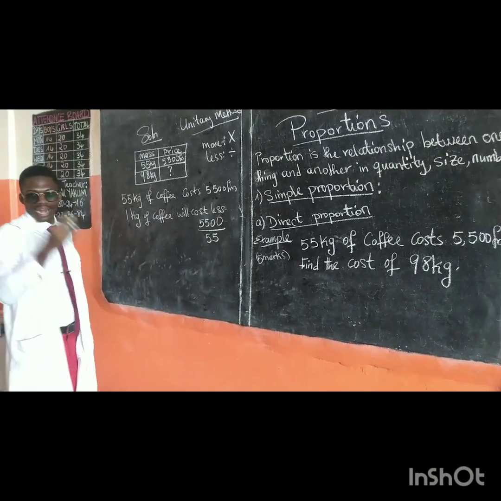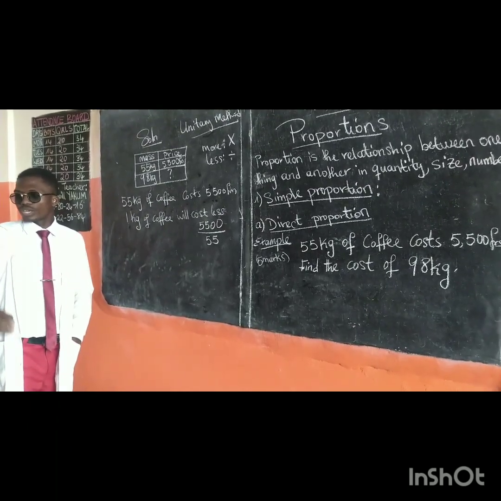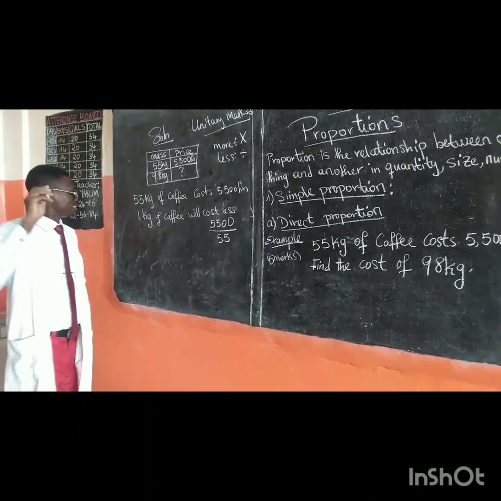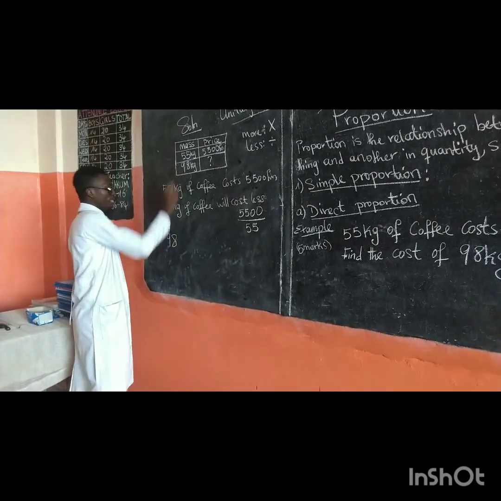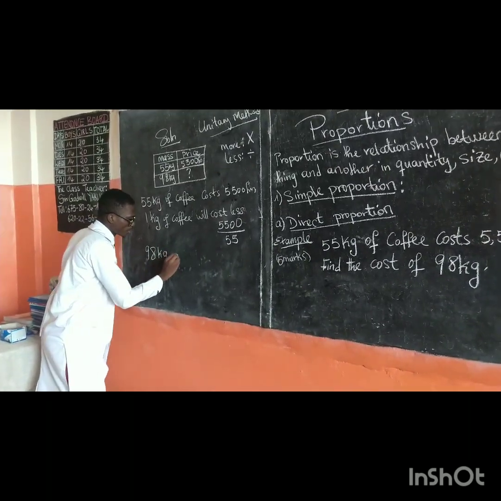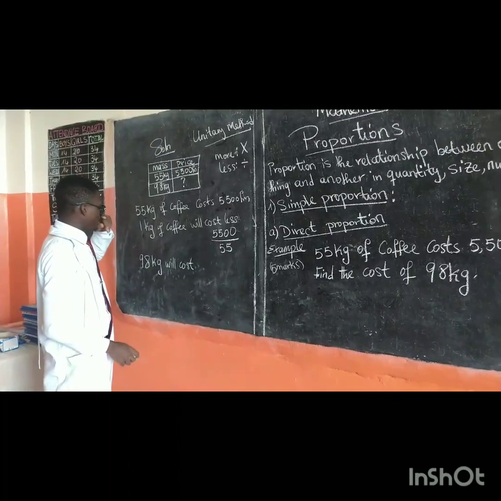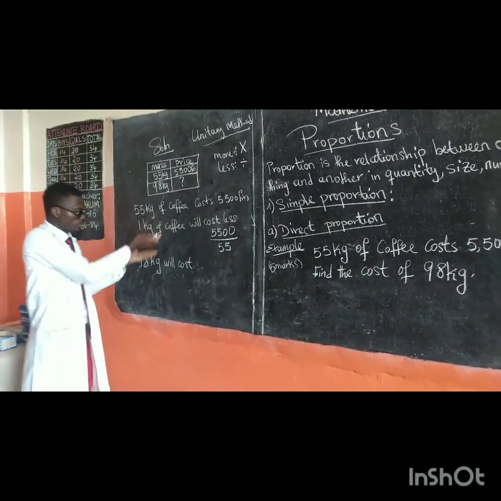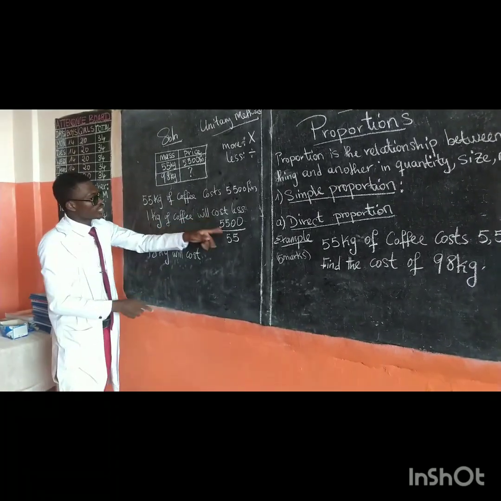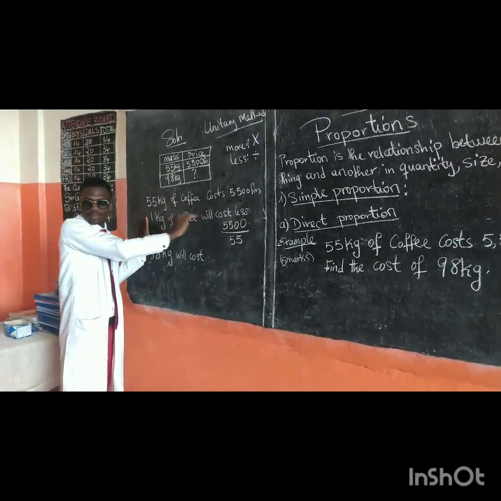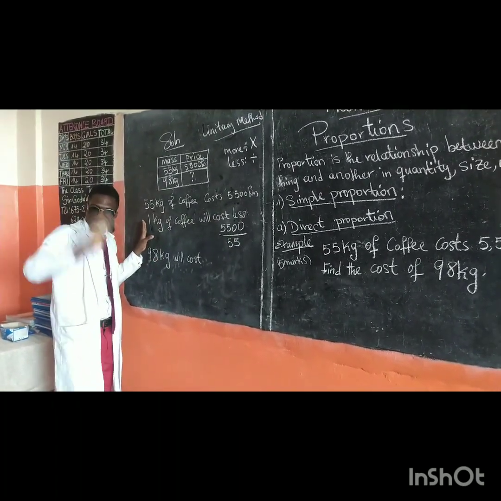Now make the last statement. I said how many statements we have to make? 3 statements. We now make the last statement. Now, 98 kilograms will cost. We are leaving from the second statement to the third statement. Now, if 1 kilogram of coffee costs this amount, then 98 kilograms, will it cost more or less?